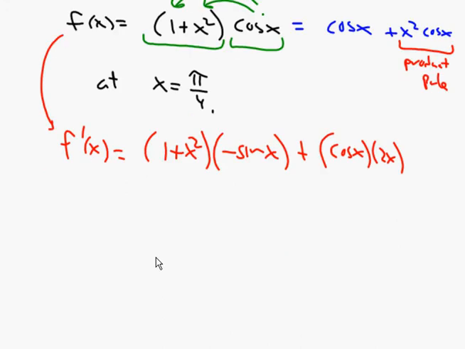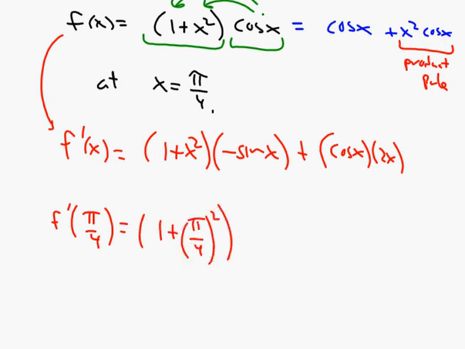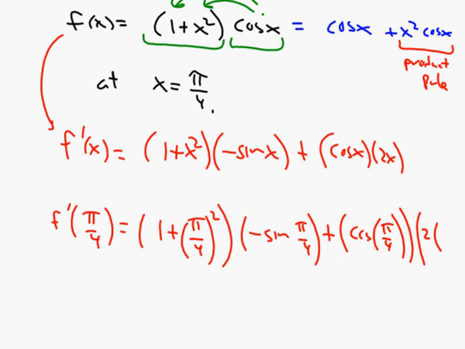We really want f prime of pi over 4. So that's going to be 1 plus pi over 4 squared times negative sine pi over 4 plus the cosine of pi over 4 times 2 times pi over 4.